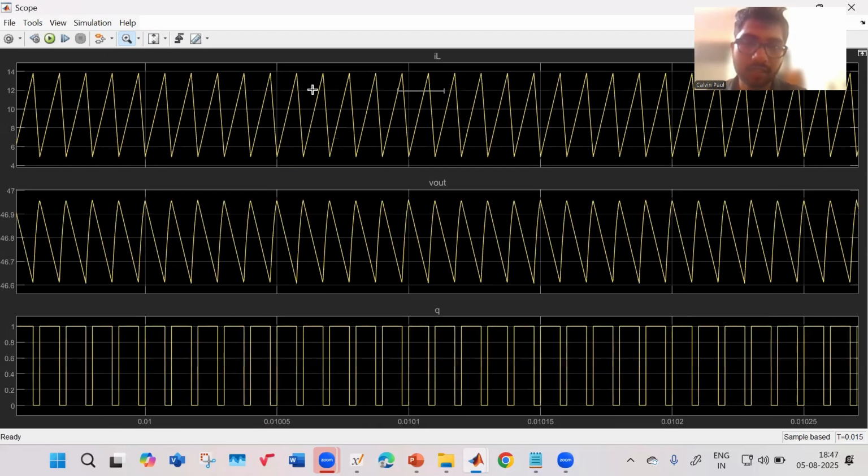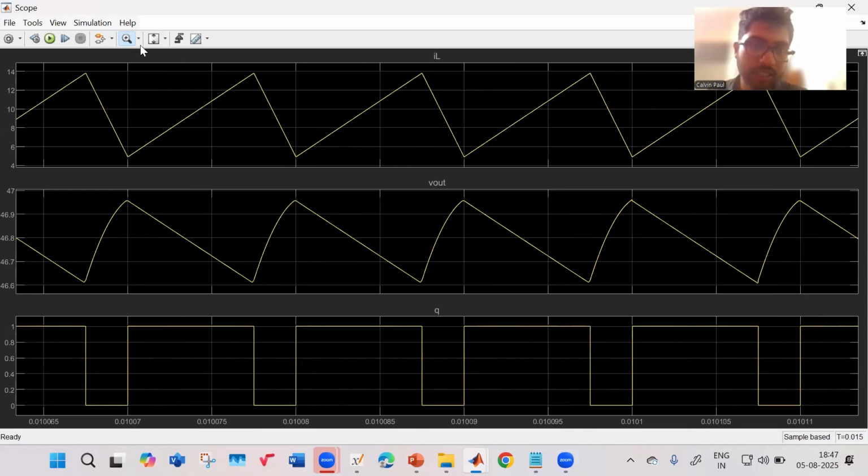Okay, let us see 3-4 cycles. So my Q is high. My inductor current is rising. When Q becomes 0, my inductor current starts falling.